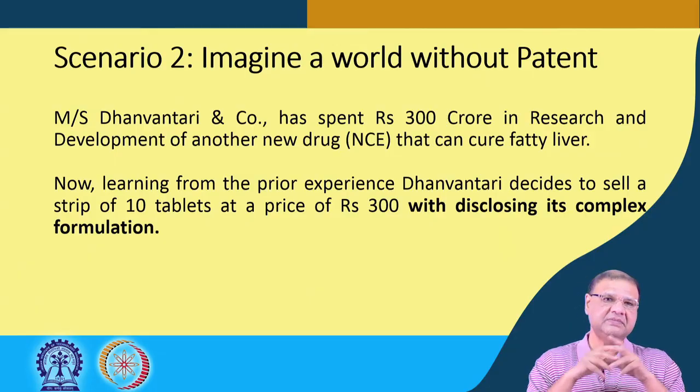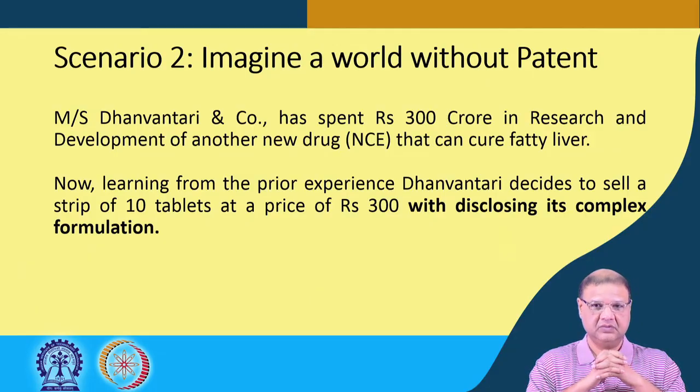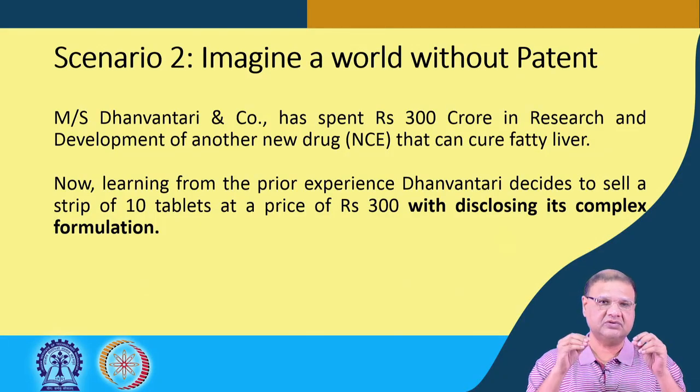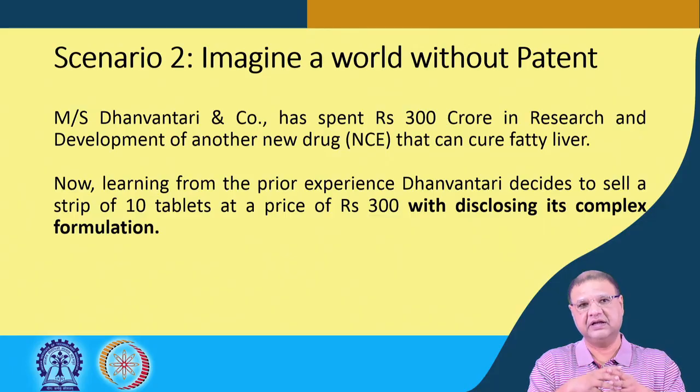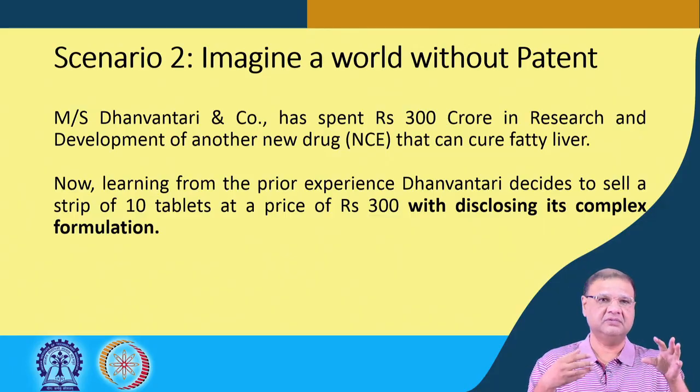Now, let us imagine a second scenario. The second scenario is about why the patent system is necessary. We will try to understand it with the help of a second example. Here also we are trying to imagine a world without patent, and here the same manufacturer has learnt a lesson from the first, without a patent system.